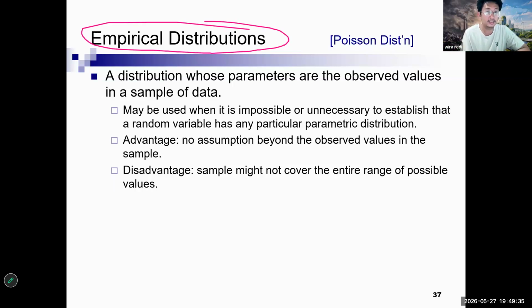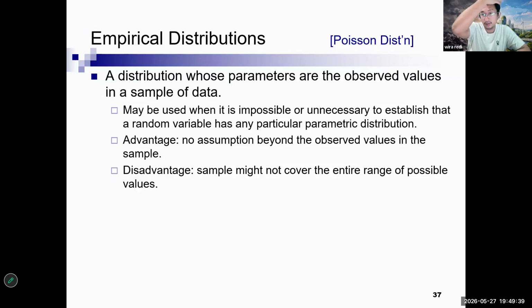This is the so-called empirical distribution. In theory, your data may not follow distributions like normal, exponential, or Poisson. Then you can use the empirical distributions, or use the observed data directly.